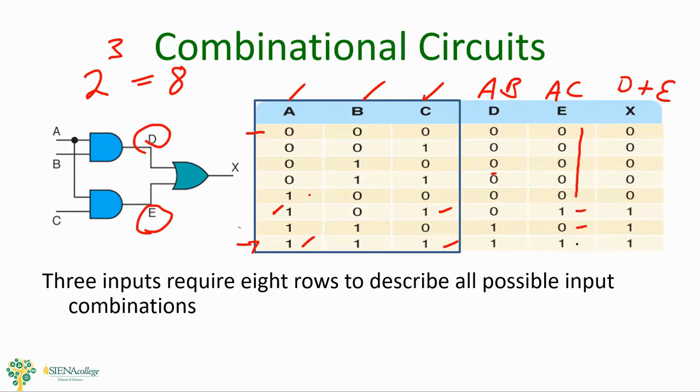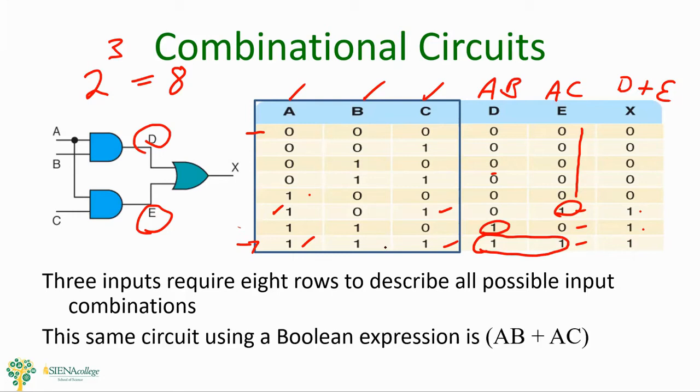But the last three, we've got a 1 here, a 1 here, and we've got 1s in both. 0 or 1 is 1, 1 or 0 is 1, 1 or 1 is 1. And again, this circuit can be described using the Boolean expression A and B or A and C.